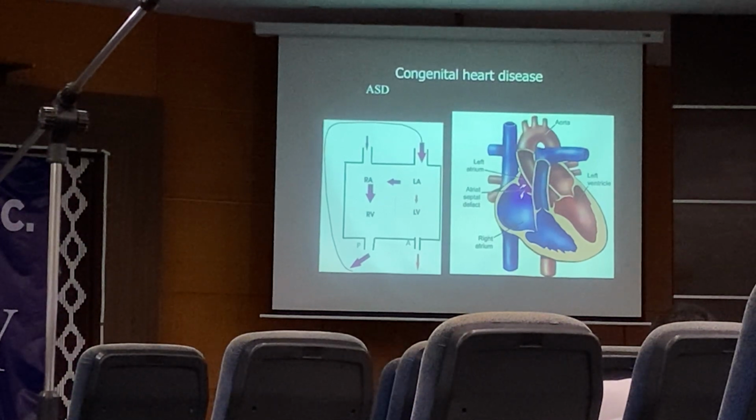So what happened? You have a volume overload going to your right atrium from your pulmonary circulation, instead of all the blood going to the left ventricle, because you have an opening of atrial septal defect, so the blood would be returning back to your right atrium, so you have a volume overload. Later on, when you develop volume overload, what happened?